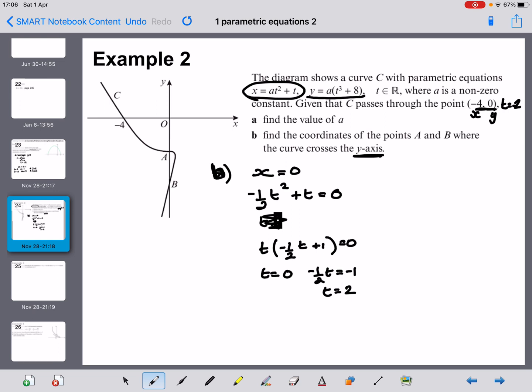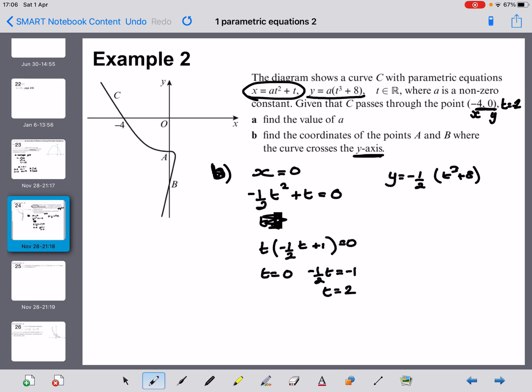So I've worked out when x equals 0, the values of the parameters at A and B are 0 and 2. Okay, so I'm just going to pop those now into my y parametric. I know that y is minus a half t cubed plus 8.